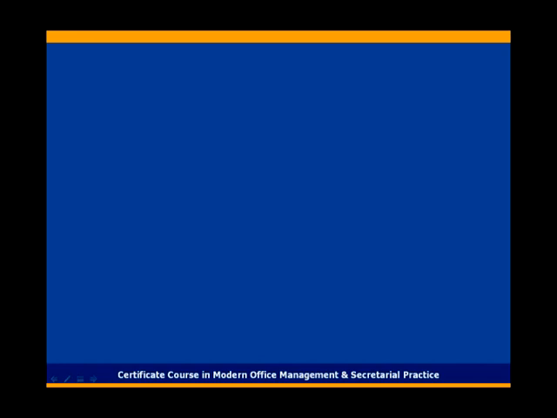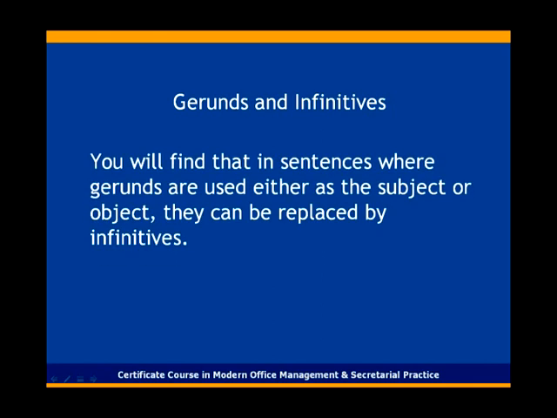At this time, try to recollect what you had learned about the other verbal, which was the infinitive. You will find that in sentences where gerunds are used either as the subject or object, they can be replaced by infinitives. Let us attempt this with a few of the sentences we saw earlier.